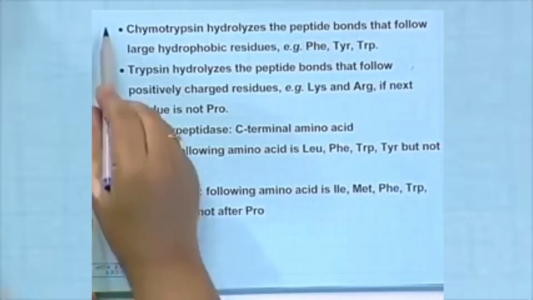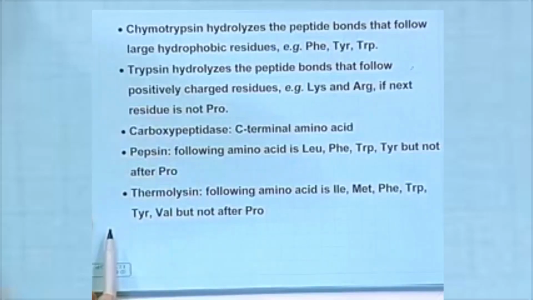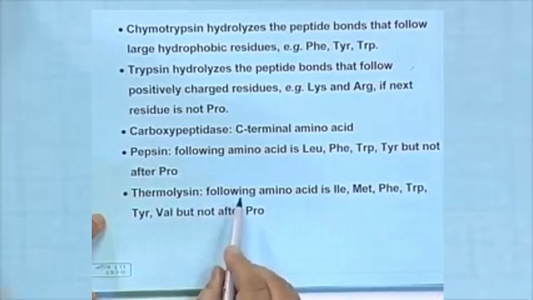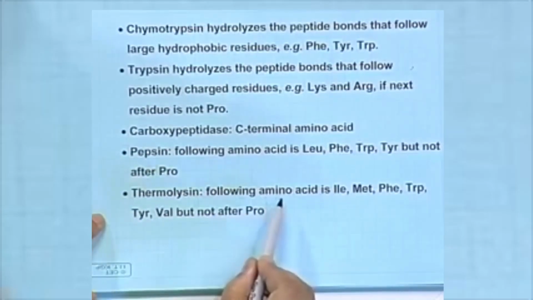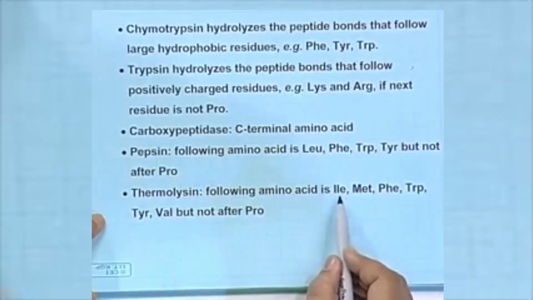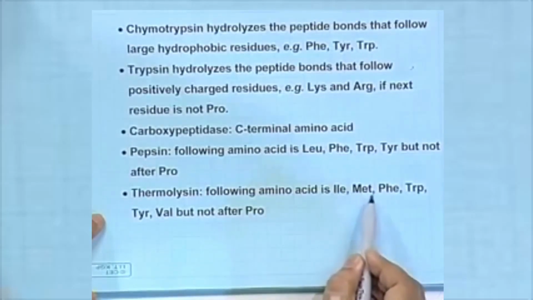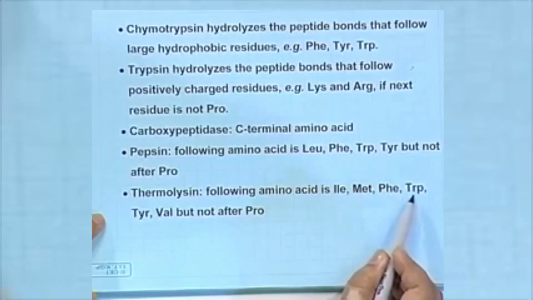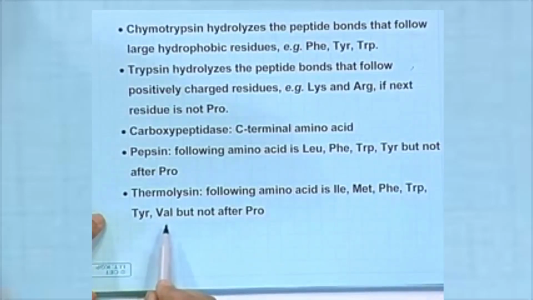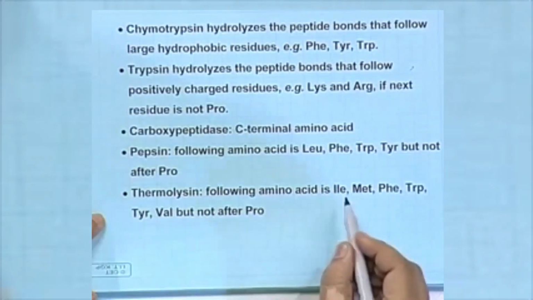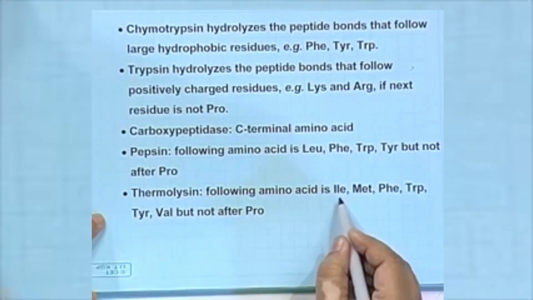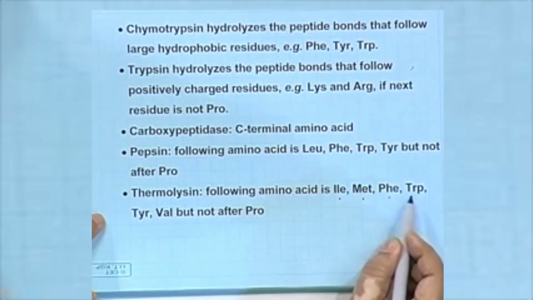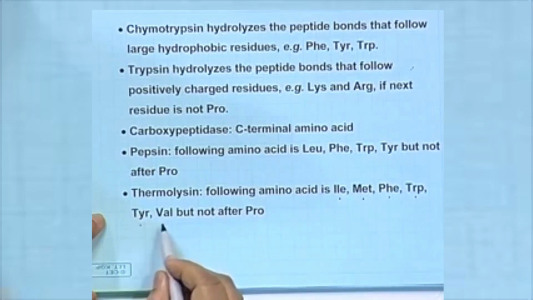Thermolysin. Now you see these are all enzymatic cleavages. Thermolysin will cleave if the following amino acid is isoleucine, methionine, phenylalanine, tryptophan, tyrosine or valine. Okay? So, we have isoleucine, methionine, phenylalanine, tryptophan, tyrosine, valine for thermolysin.